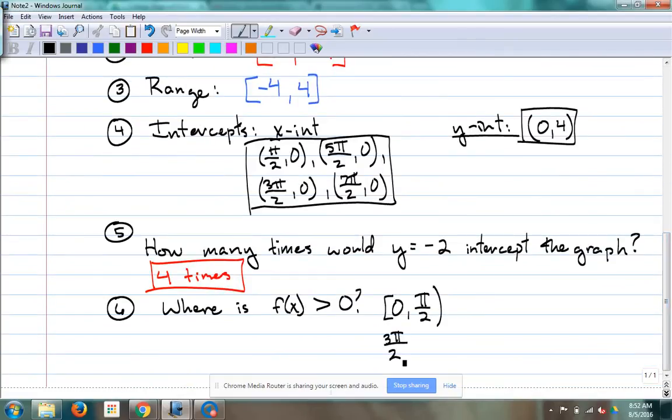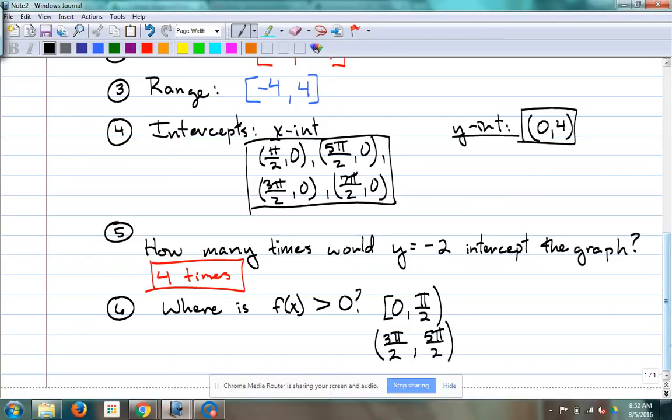That's an important spot. Parenthesis or bracket? Parenthesis. Same reason as the parenthesis on the pi over 2. The y value right there is 0. And I keep going on my graph. It's positive until we get to where? Yeah, the next x-intercept, 5 pi over 2.